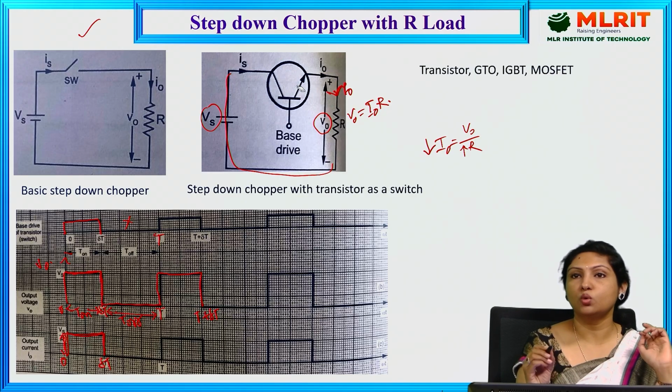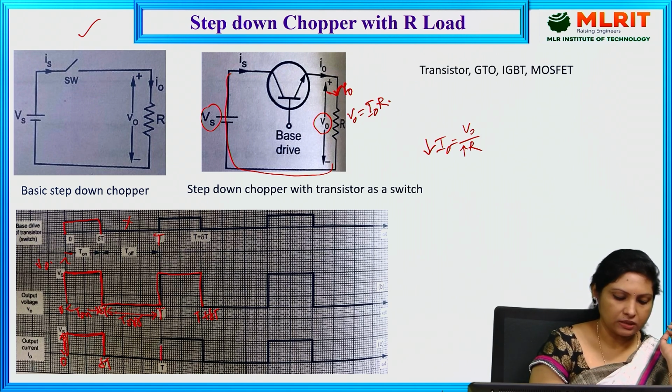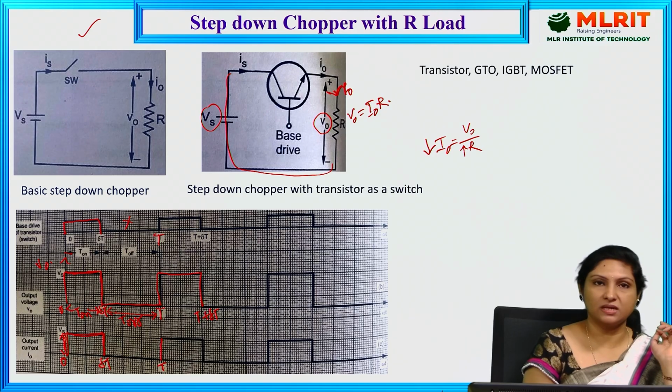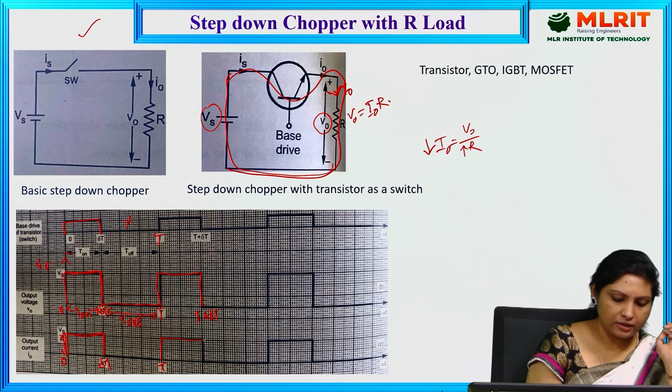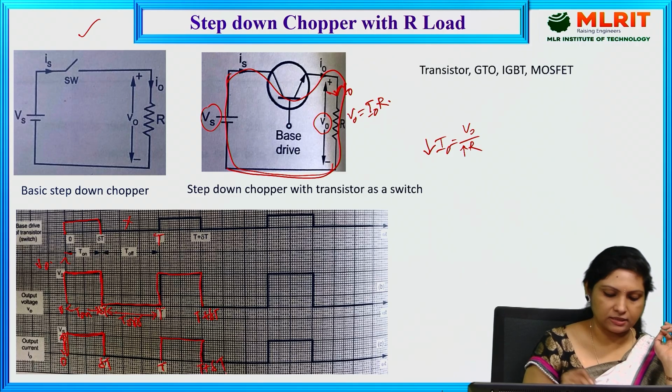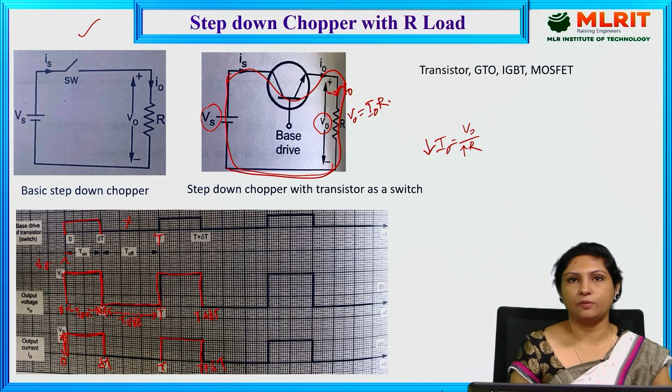Thereby there will be no current flowing through the load. And again at this instant T, we provide the base drive, the transistor conducts again, and current flows through the load, and hence the cycle repeats from T to T plus delta T. And if you see, this is a step down chopper.